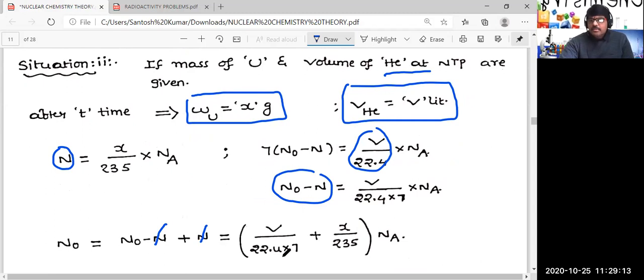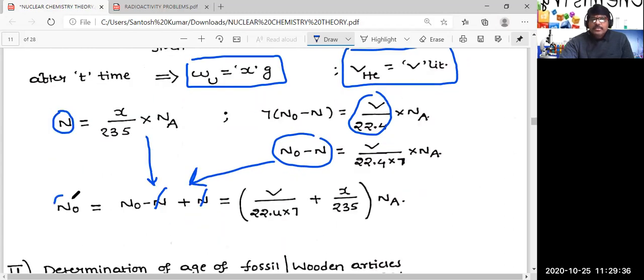Obviously this is the number of moles, and we send the 7 this side, and Avogadro number is common. Na is Avogadro number, don't be confused. There is the N naught term, the N term, and Na is Avogadro number, and simply I'm putting this value and this value. As a result, this I'm going to get, and from that you can find N naught.